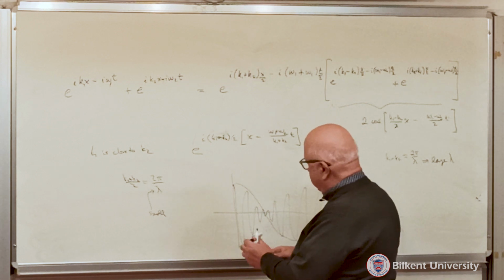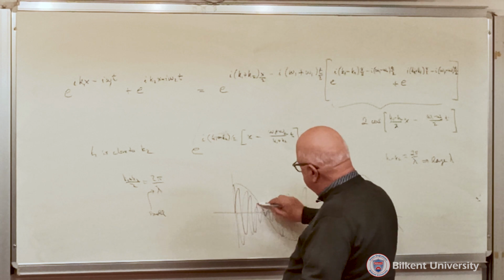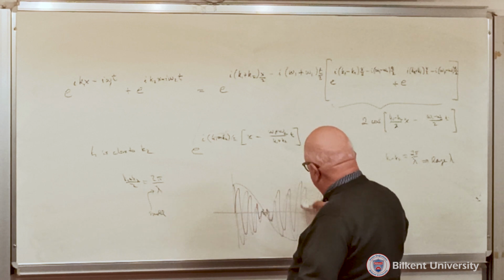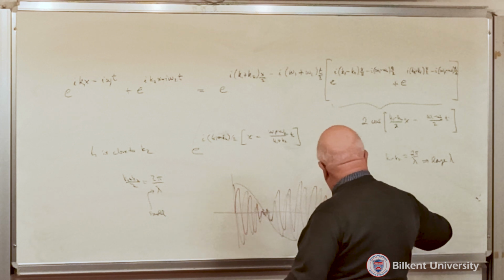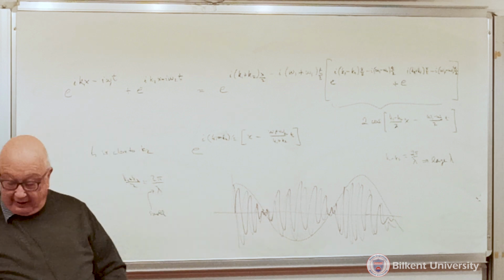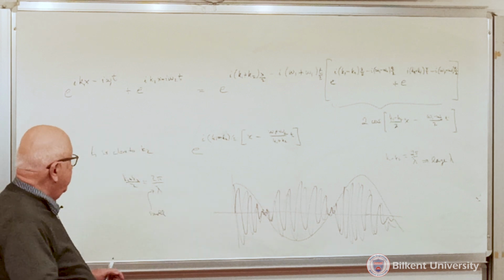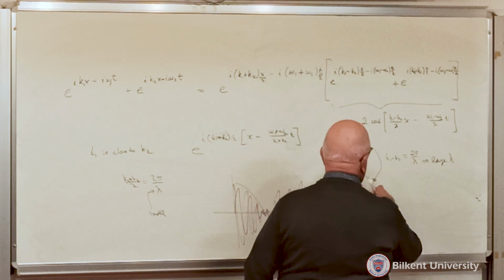There's a real part and an imaginary part to it. I'm just making this up, obviously, not drawing it very carefully, but this is the form of the wave. The envelope is equal to this cosine function.